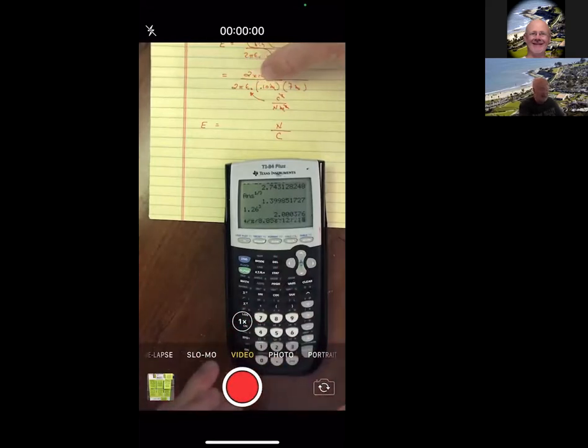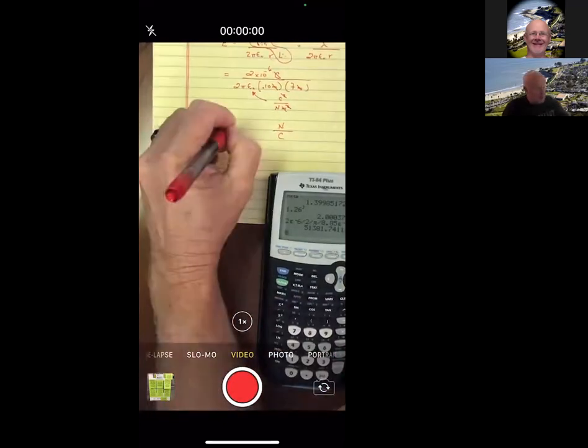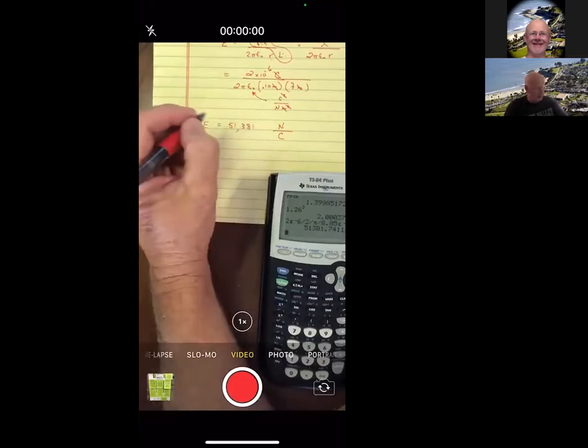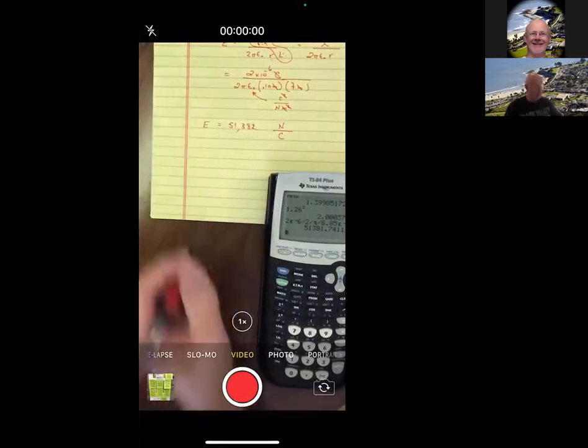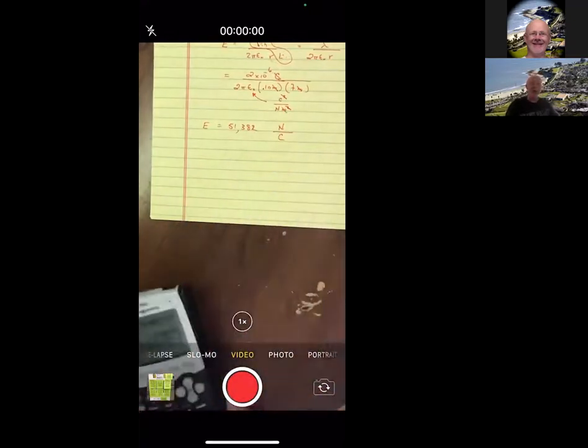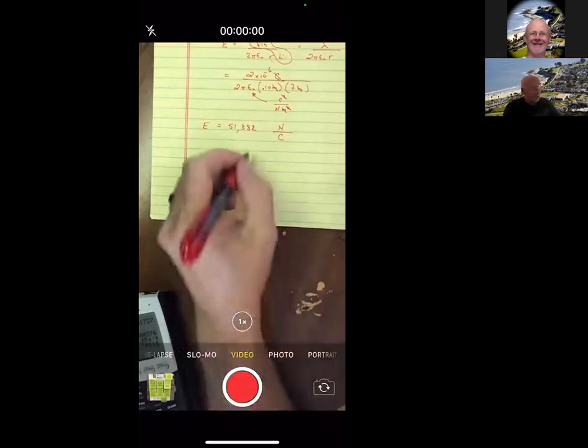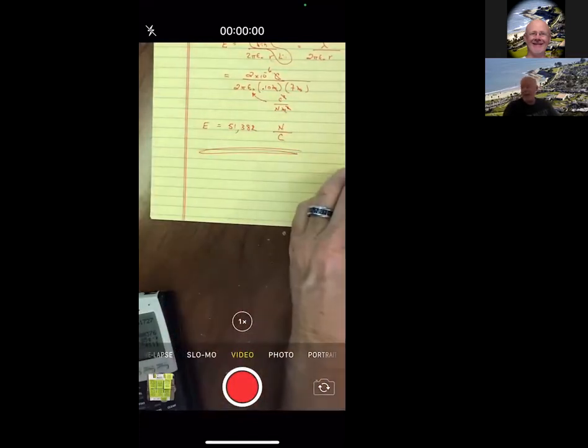I'll divide that by 0.1. And I'll divide that by 7. And so that would be 51,382, well, depending on significant figures, newtons per coulomb. So there's A.